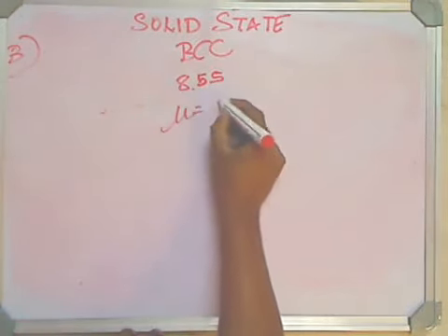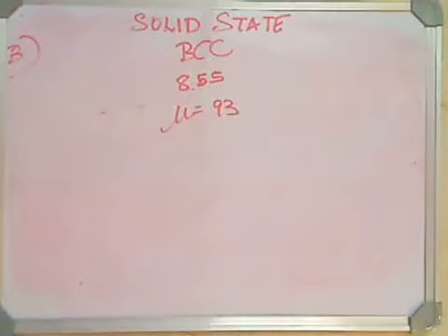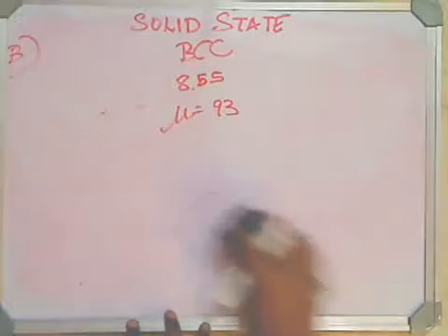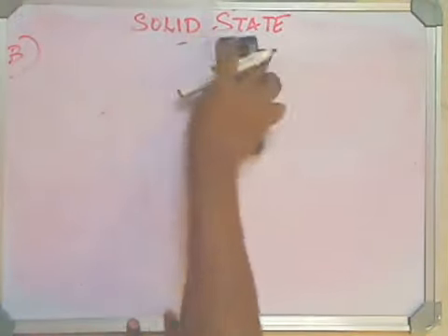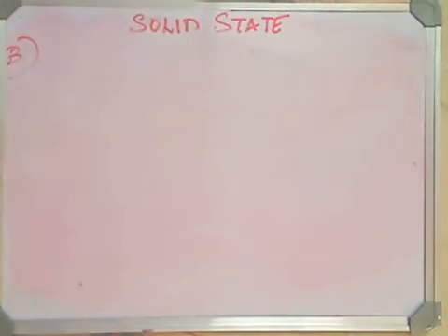So M here has been given as 93. Now in some textbooks you might come across the atomic mass of niobium as 92.9, but I would suggest you take it as 93 because it makes your calculations easier. Okay. Now the question here requires you to find the atomic radius of niobium. So how do you go about calculating this?